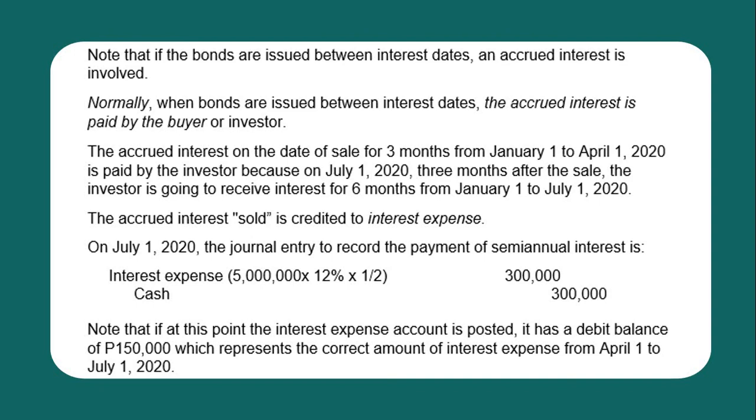On the issuance date, nagbayad si investor ng 150,000 as an advance interest. But on July 1, on the first interest payment, gibalik ra man gihapon ni issuing entity ang gibayad niya nga 150,000. Therefore, ang net lang gyud nga interest income ani sa investor is the difference, 150,000.